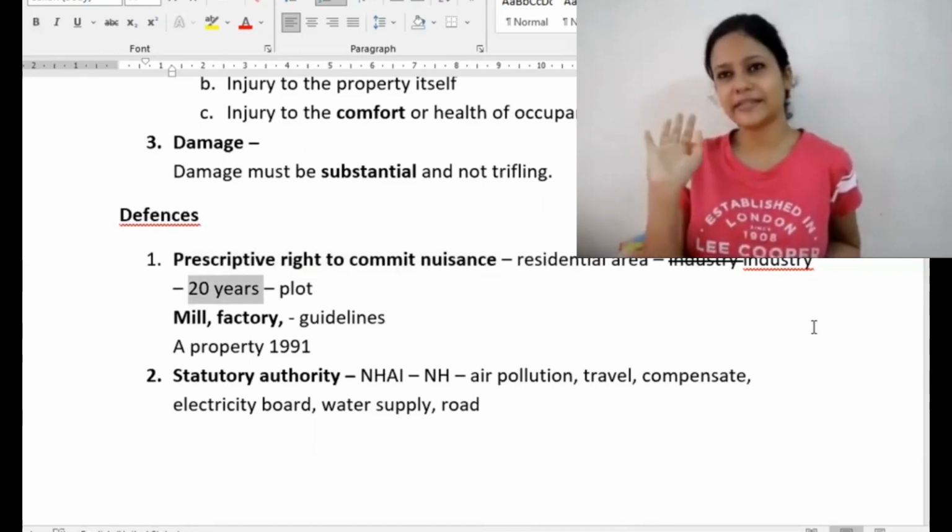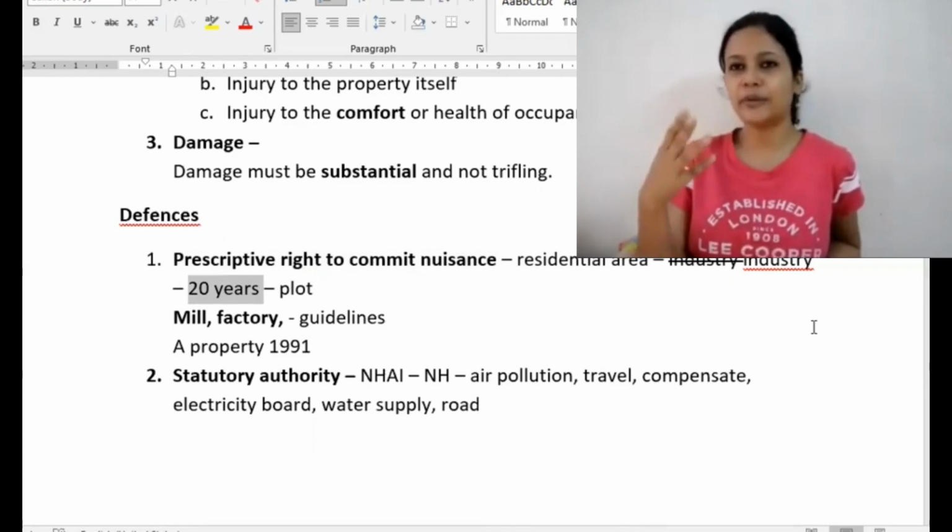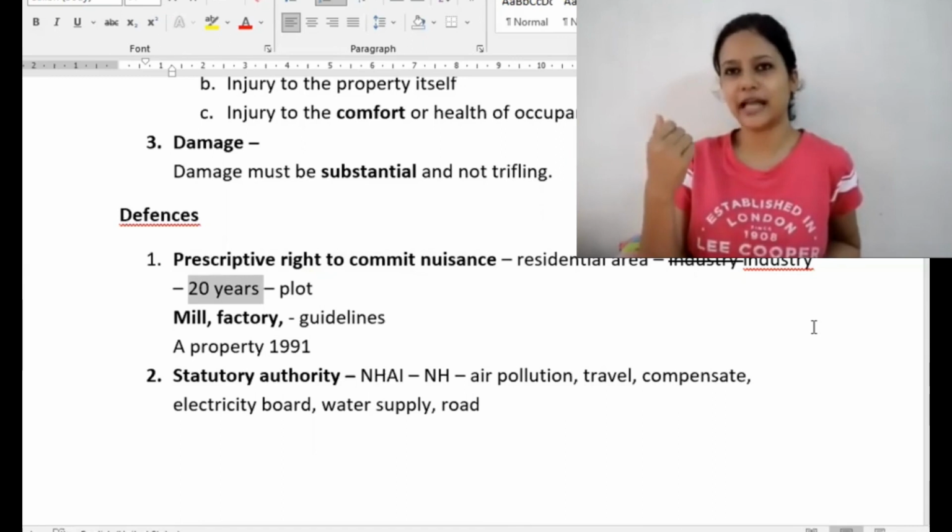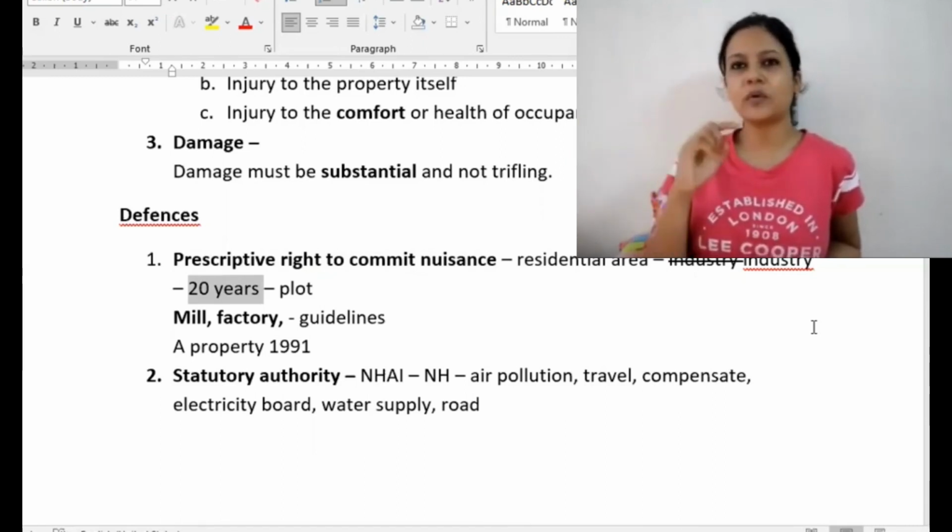After 20 years, after 30 years, I bought a property just next to the industry. And I am going to court and filing a case that this industry is releasing noise, vibration, pollutants and everything, disturbing my peace.